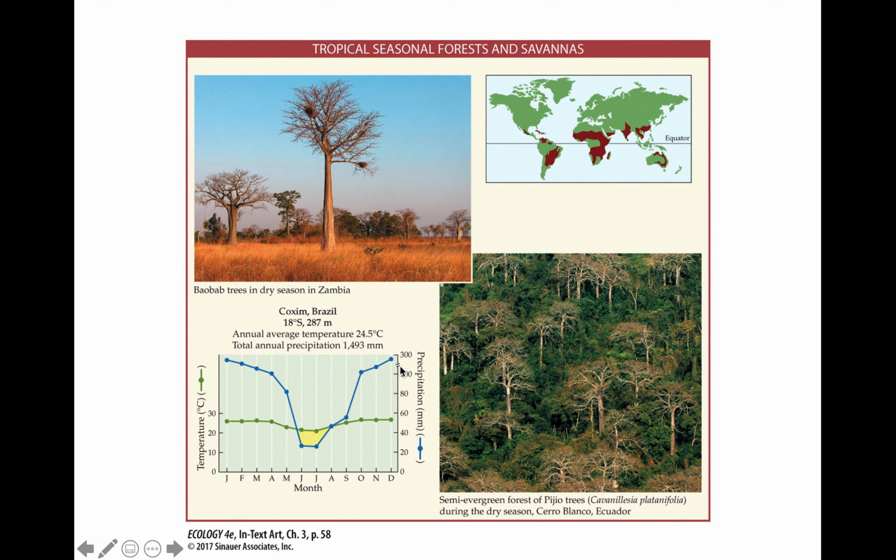So you have seasonal rain and seasonal dry periods. Here's that yellow where the precipitation line has dropped below the temperature line, and so this is insufficient for plant growth. You do not have enough water for plants to grow during this time.